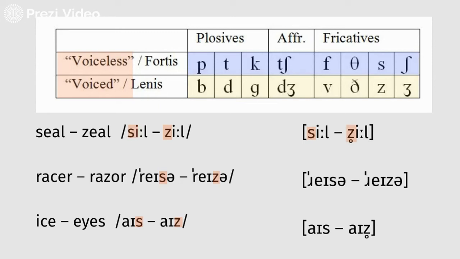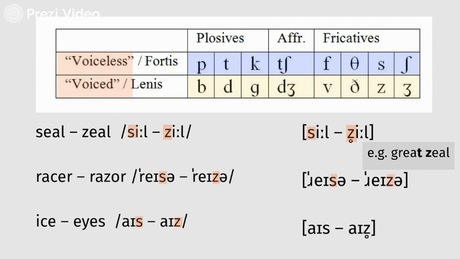So the lenis fricative z in zeal can become devoiced in actual speech, especially when it appears together with other fortis consonants, as for example in great zeal, where the fortis plosive t influences the quality of the following lenis fricative z in zeal and devoices it, so that great zeal becomes great seal. And this process in phonetics is known as progressive assimilation.